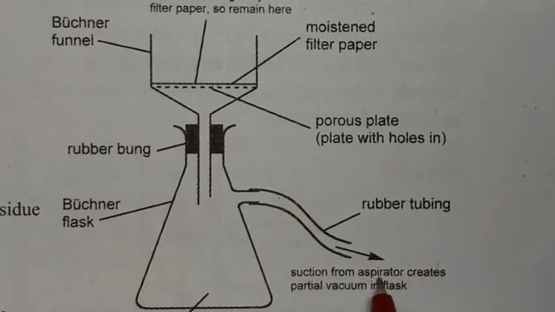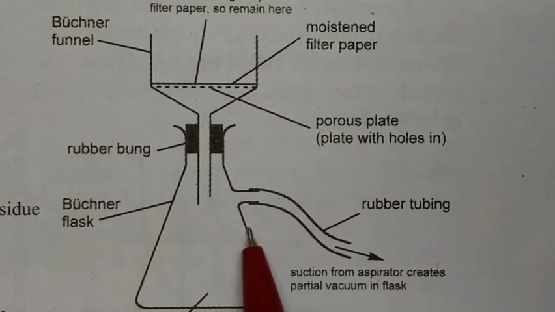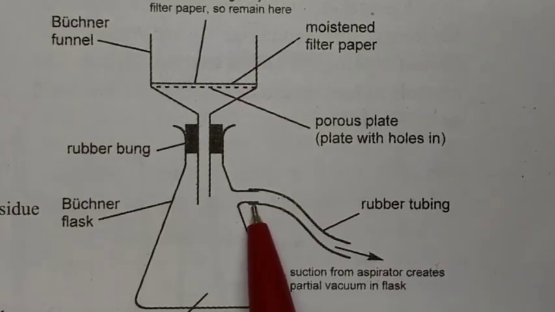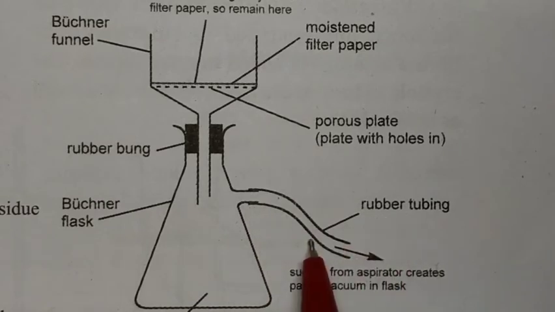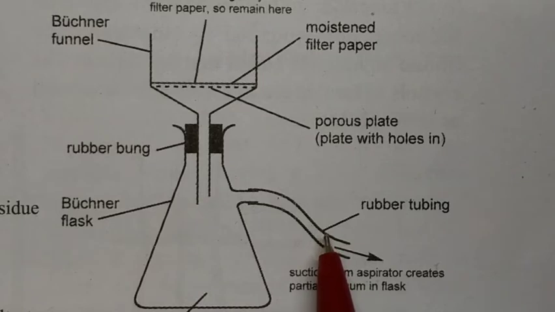Suction from the aspirator creates a partial vacuum in the flask. The safety bottle is used to prevent the sucking of the filtrate into the suction pump.